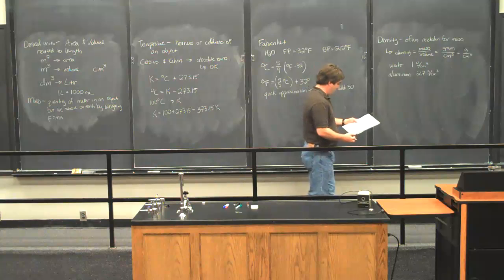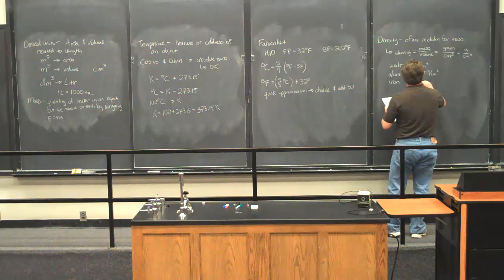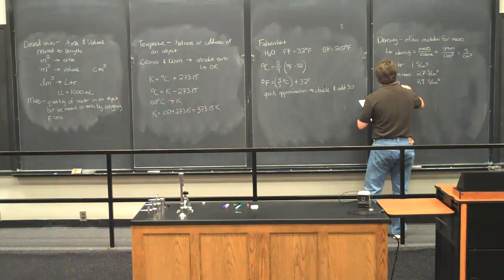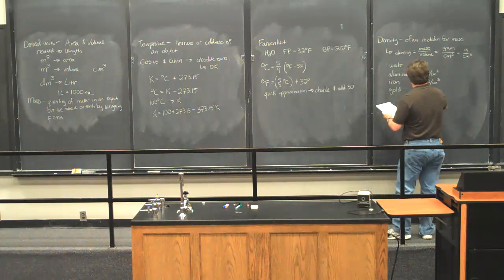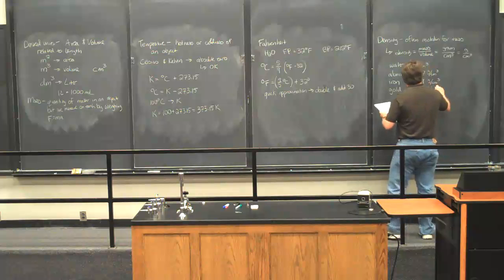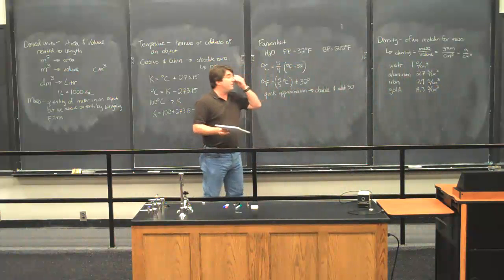And as we go down the periodic table, iron is even more dense than aluminum, 7.9 grams per cubic centimeter. And then gold is even more dense than that, 19.3 grams per cubic centimeter. So the further down on the periodic table you go, the more dense.